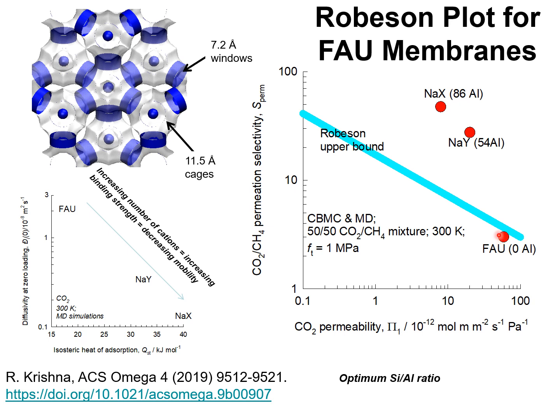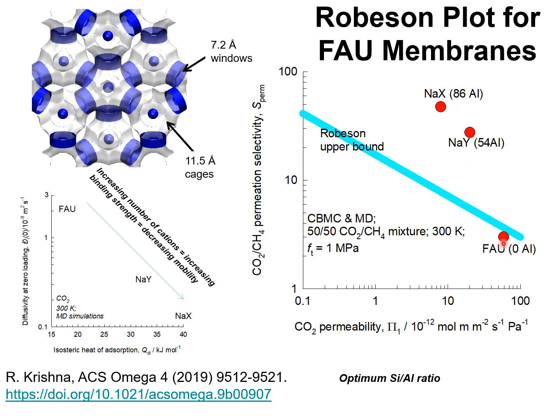With increased degree of ion exchange, we see that the permeation selectivity for CO2 with respect to methane increases by about 1 order of magnitude as we go from no extra framework cations to 86 sodium cations per unit cell. This is a silicon to aluminum ratio of 1.23.